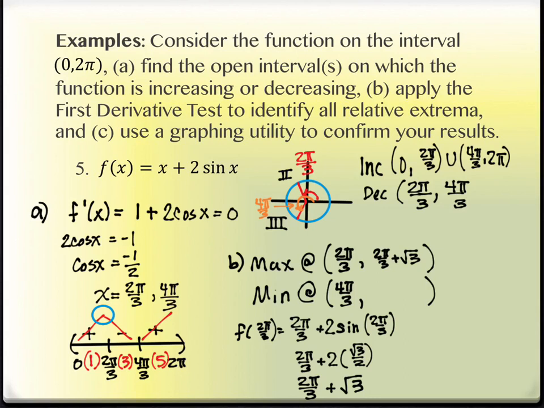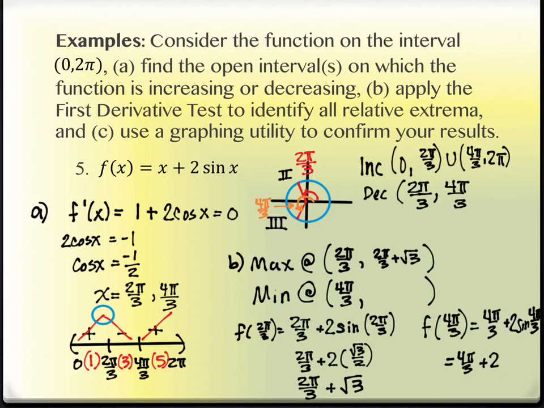The other one, very similar. We're going to put in 4 pi over 3. So we have 4 pi over 3 plus 2 sine of 4 pi over 3. All right, so what is the sine value at 4 pi over 3 down here?